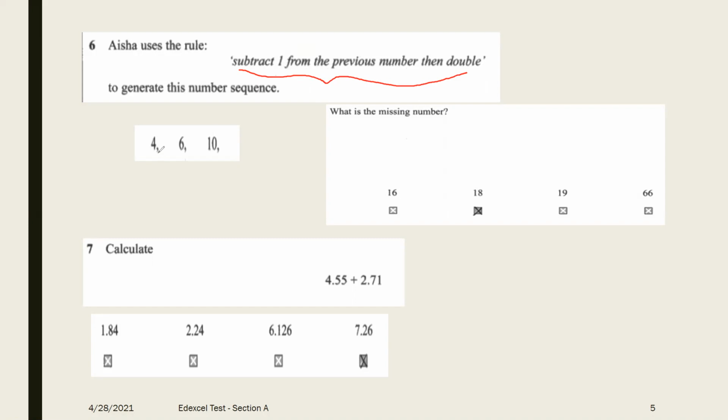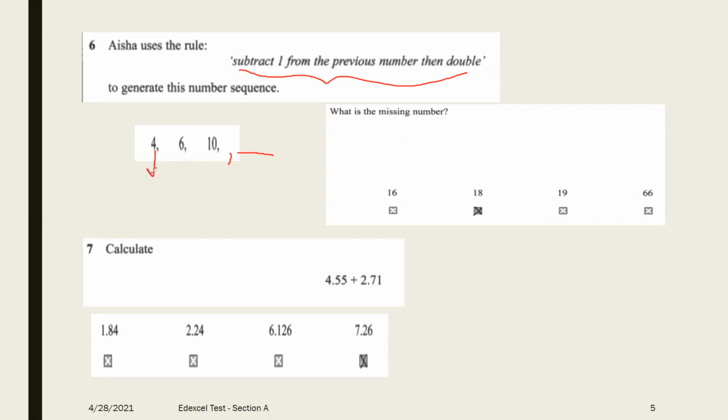So this is my number sequence. It's 4, 6, 10. Now you have to find the next number. What is the missing number, right? The next number. Now you have to get your rule. The rule is subtract 1 from the previous number, then double, right?